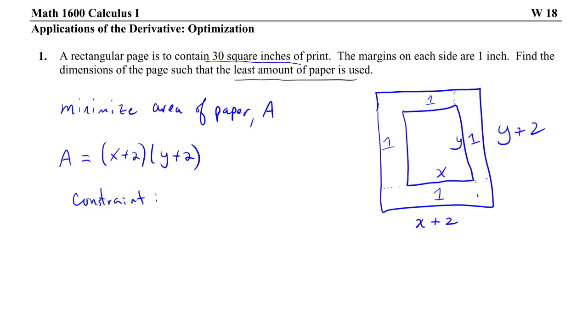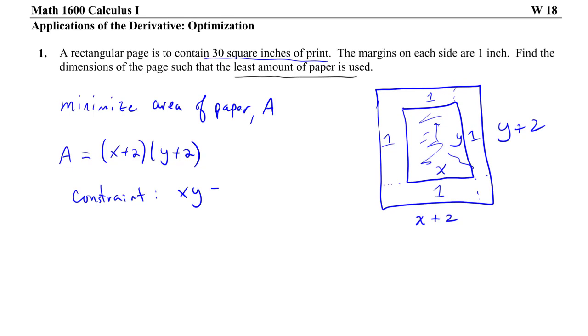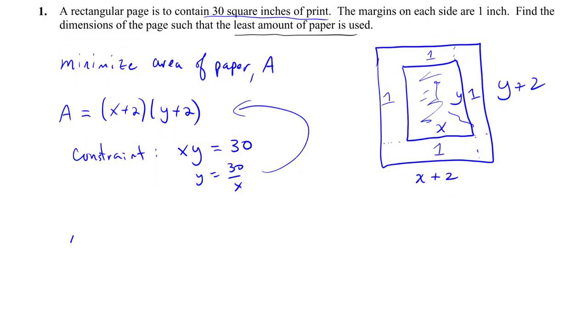Well, it has to contain 30 square inches of print, meaning this in here is supposed to be the print, and that's of area XY, and that has to be 30. Or in other words, Y is 30 over X. Okay, so that is going to allow me to get A, the area, as X plus 2 times 30 over X plus 2.